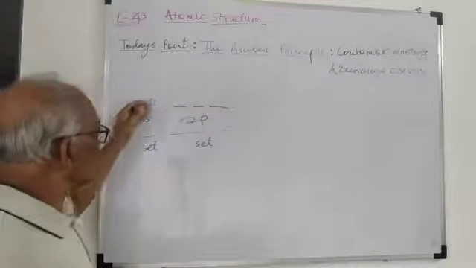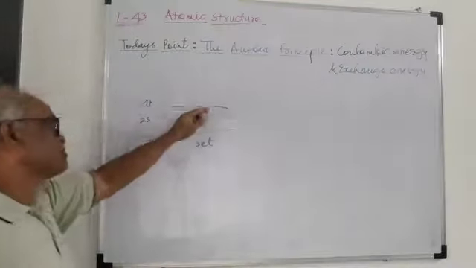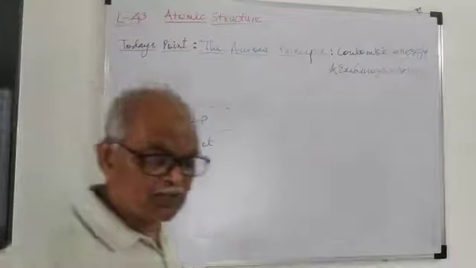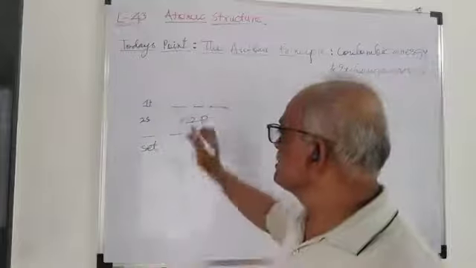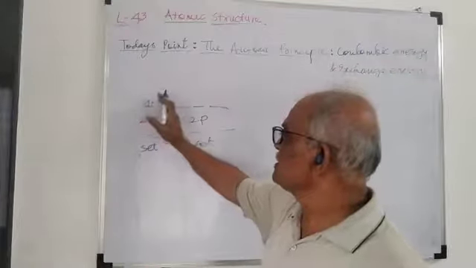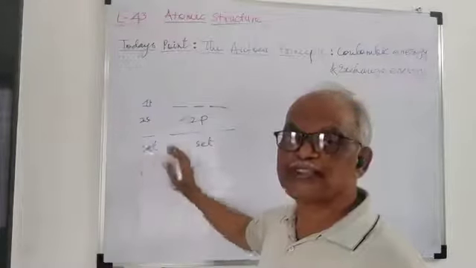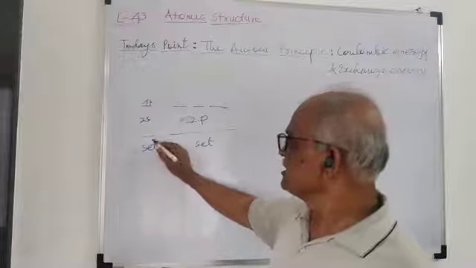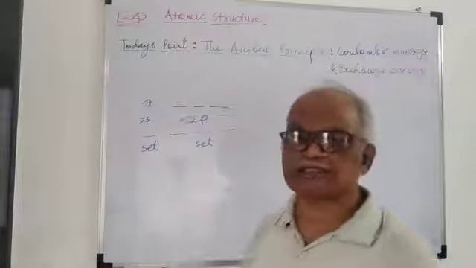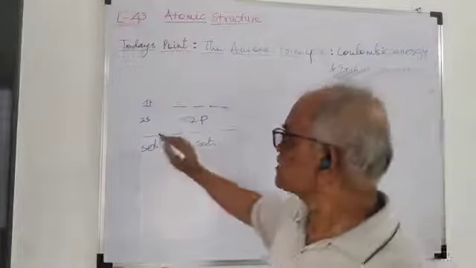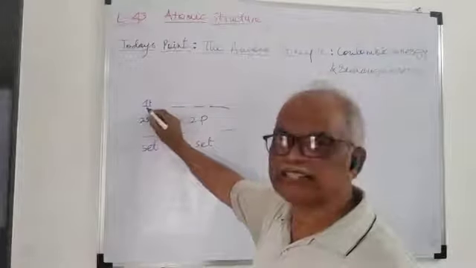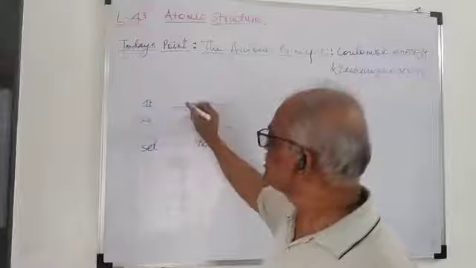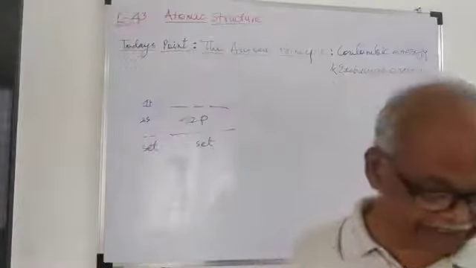So the electrons of this cannot come here. So the electronic structure is dependent upon the energy difference between these two sets. If the energy difference of the two sets is larger, then the electrons present in one set cannot move into the other set.